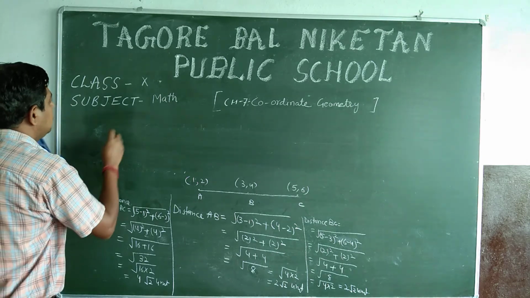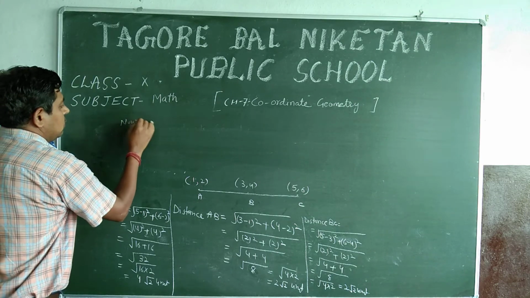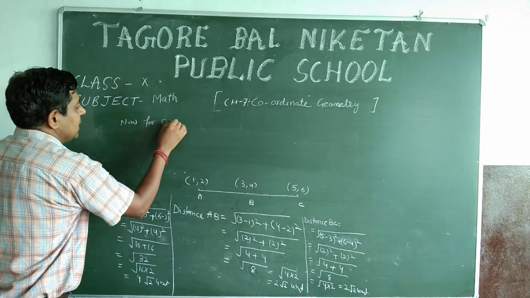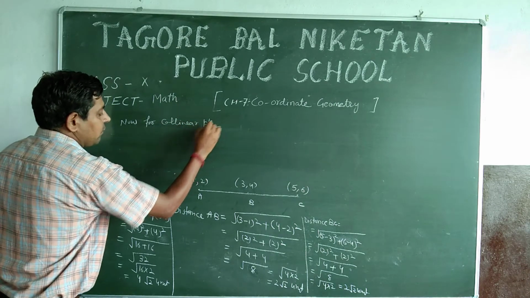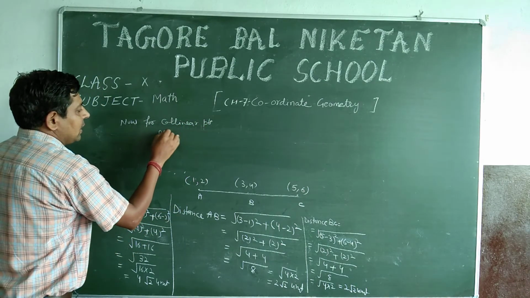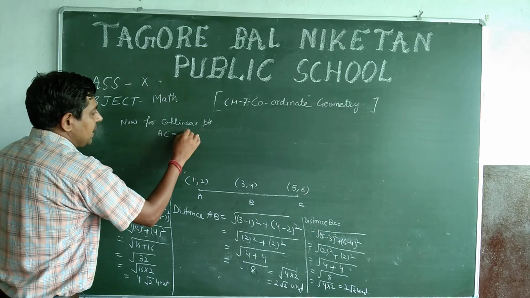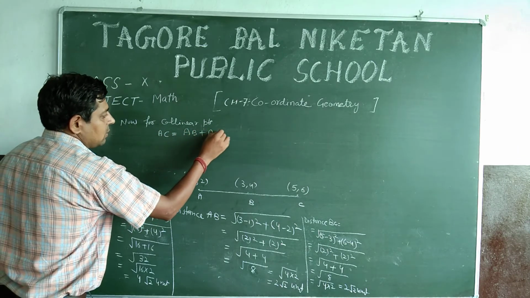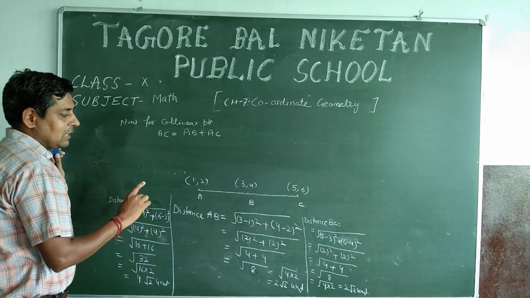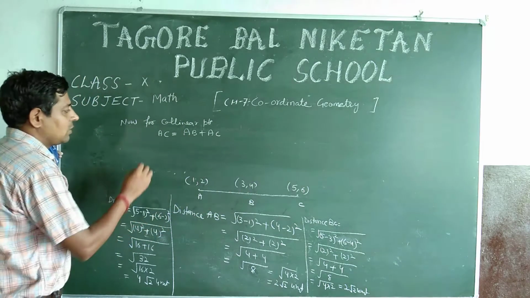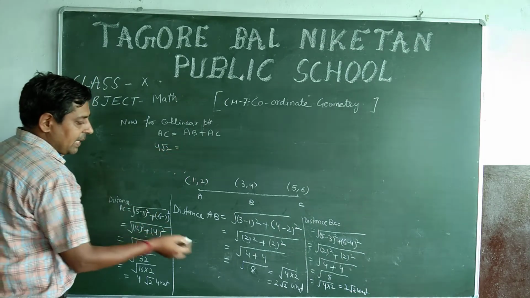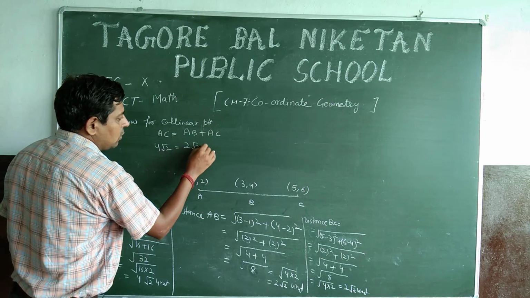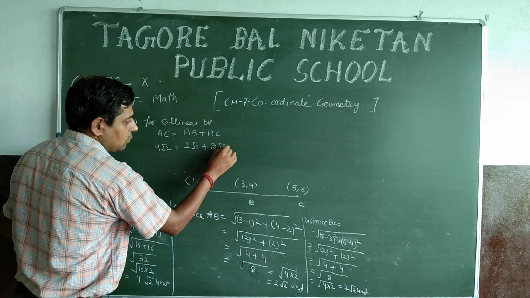For collinear points we shall prove that AC equal to AB plus BC. If this condition is satisfied, then these 3 points are collinear. AC we got 4 root 2, AB equal to 2 root 2 plus BC equal to 2 root 2.